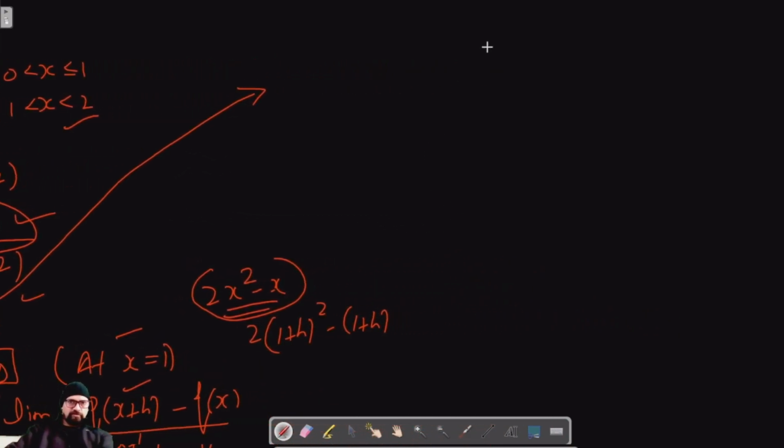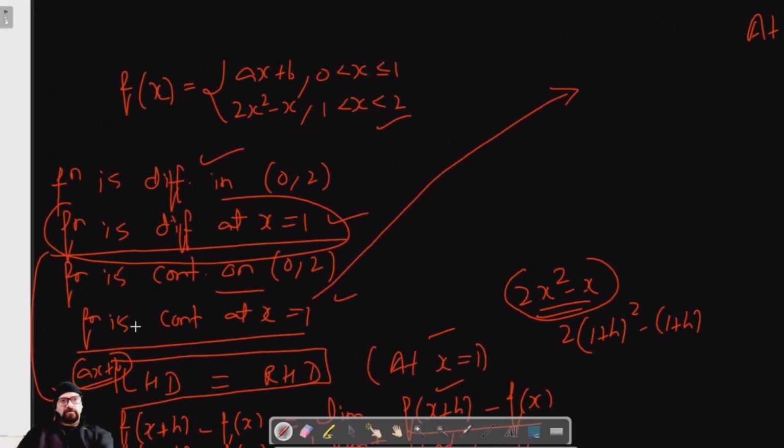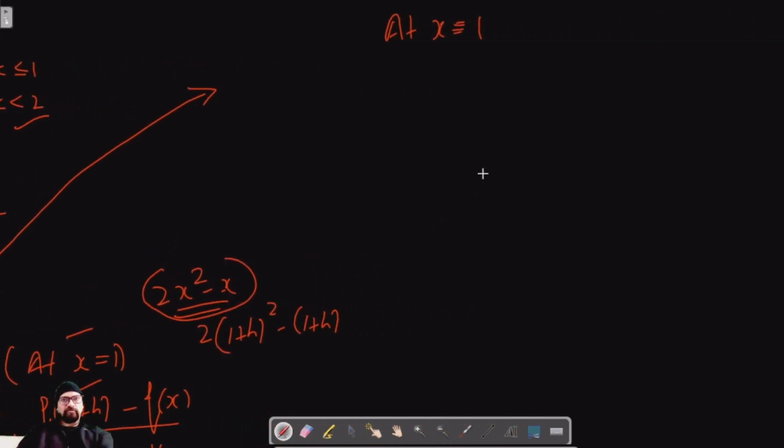So when x is equal to 1, the function is continuous at x is equal to 1, so at x is equal to 1, left hand limit is equal to right hand limit is equal to the function's value at 1.